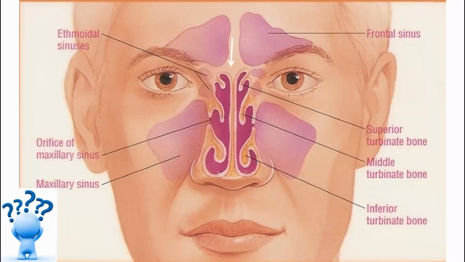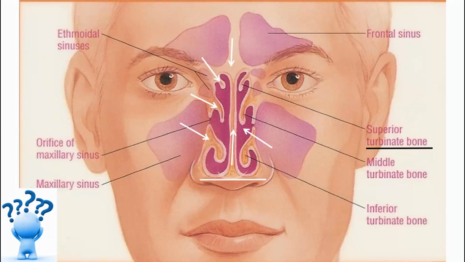This is called the roof of the nose, and the floor of the nose is wider, so it is pyramidal in shape, and the nasal septum, which is made of bones and cartilages, divides the nasal cavity into two cavities. And as you can see, the nasal cavity is not a uniform cavity. It has bone projections into the cavity.